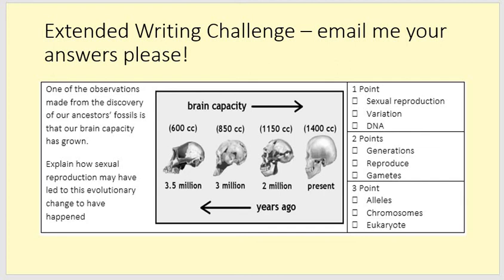When you do your answer, either underline or highlight the words that you're using that have the points with them, and see how high your score can go. This will need to be emailed to me. I think I've said it before, I'm going to say it again just to make sure that we're really clear on that.